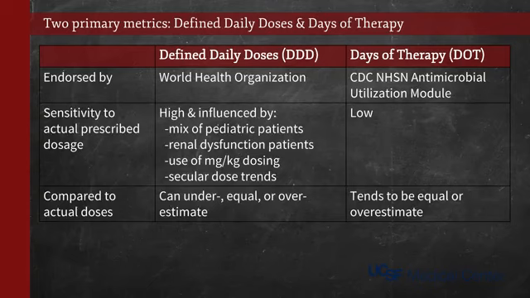The end result can be substantial and unstable variability between the number of doses used and the DDD results. Days of therapy is an alternate metric that is less sensitive to these influences. It is the dose methodology endorsed as the standard metric by the CDC's Antimicrobial Utilization Module and will likely be the primary metric in the US going forward.